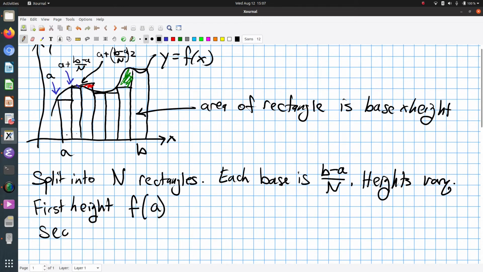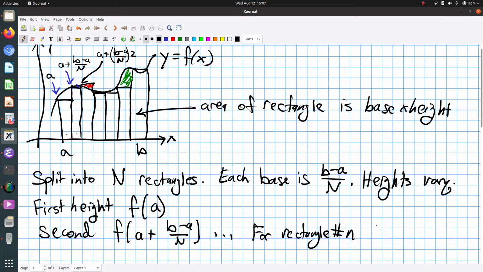The second is f of a plus (b minus a) over n, and so on. So for the typical, the nth rectangle, for rectangle number n, what is that?